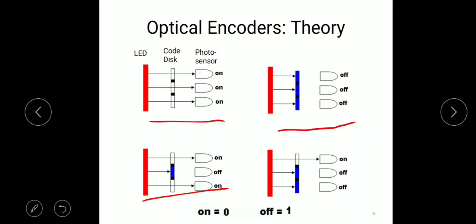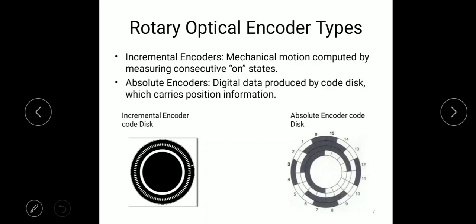Similarly in the fourth, only one position transmits the light, the other two segments are opaque, so the sensor output will be on, off. So what is the rotary optical encoder type?